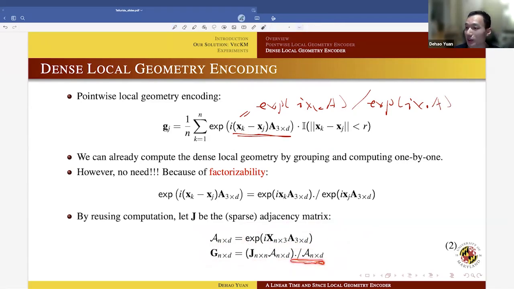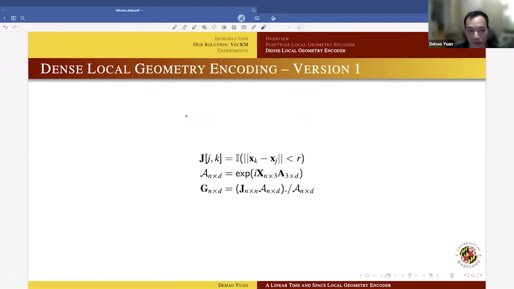That's why we can factorize xk minus xj into this division, and that's why this is the element-wise division here. So the intermediate version of the encoding is this. First you compute the adjacency matrix, and then you compute the A matrix, which is x multiplied with A, and then use an exponential i mapping. Then you multiply the adjacency matrix with it and divide it by A. So that's version 1, dense local geometry encoding.